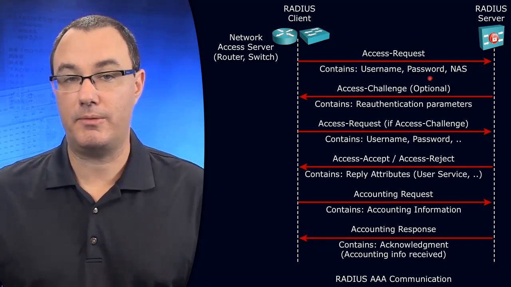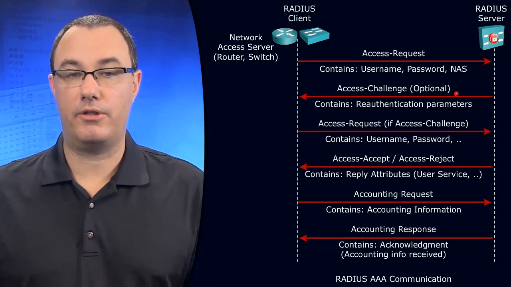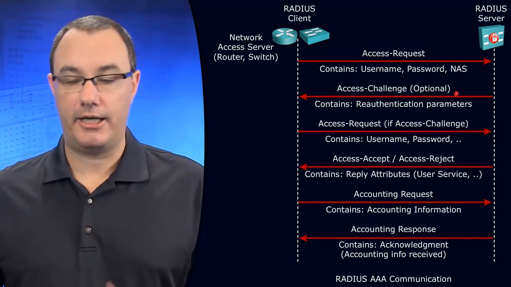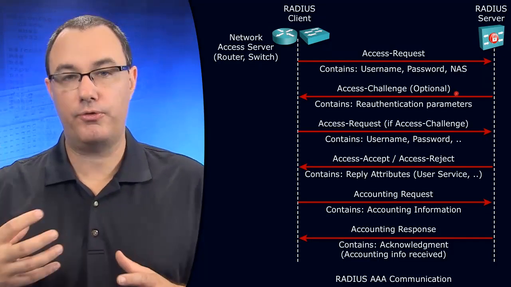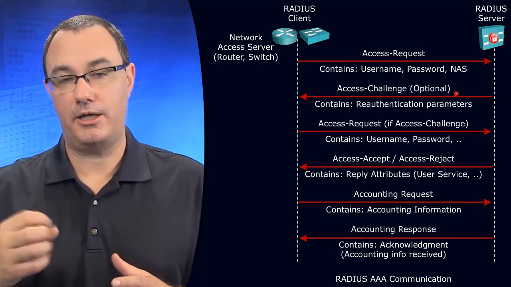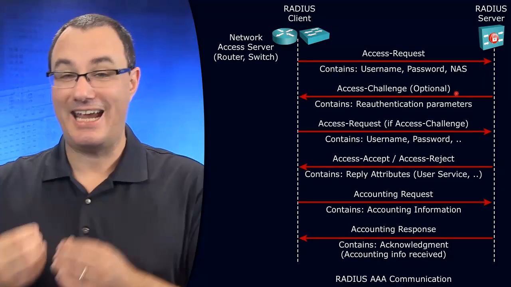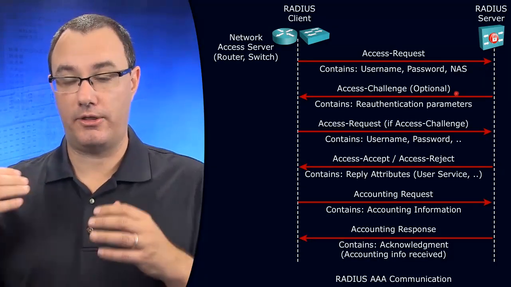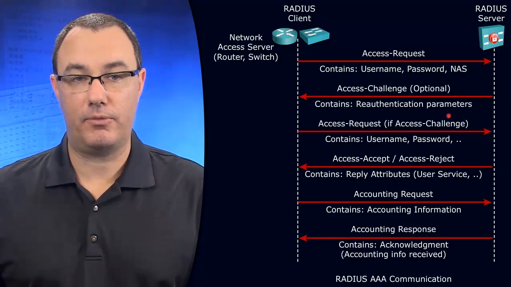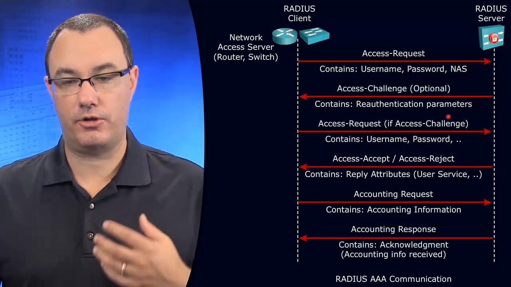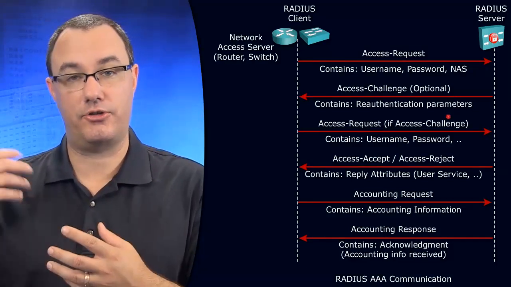Here's the username and password. We're then optionally challenged. That challenge can be prove who you are. I'm going to give you a mathematical challenge, and you have to respond with valid information. It's a hash, and it's not repeatable.